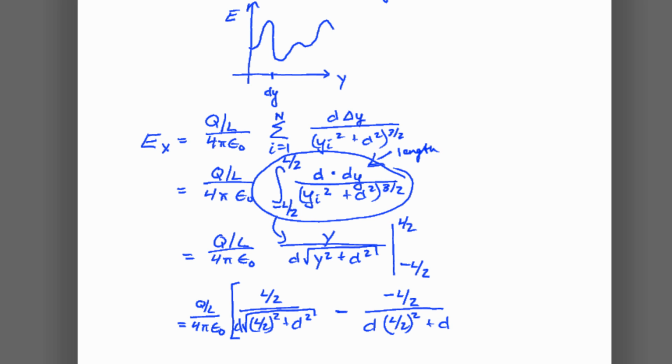Since any negative quantity squared ends up becoming positive, I have not put the negative inside the parentheses here for L over 2 in the denominator. Simplifying this a bit, I can see that my L outside of the brackets cancels with the two L's inside there. And again, it has to be both because this is not multiplication, this is subtraction. So you need to do it from both.